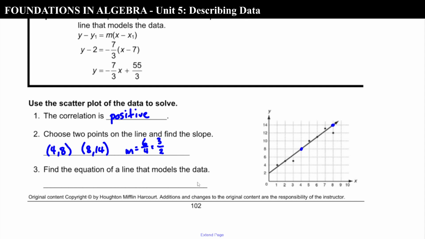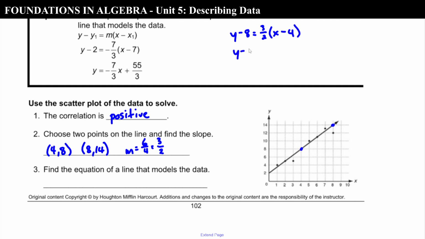And then we can put it into an equation. So let's do that. And I'm just going to do the work up here next to this one. So we have y minus, let's pick one of our 2 points. Let's go with the first one because it's got easier numbers to work with. Equals 3/2 times (x minus 4).